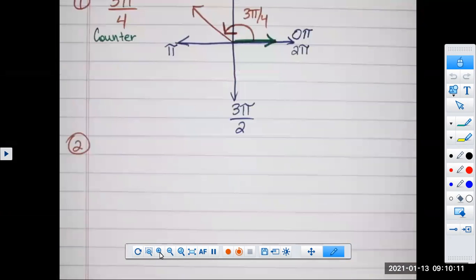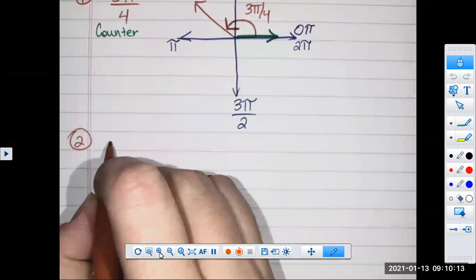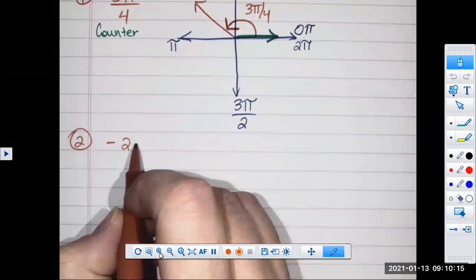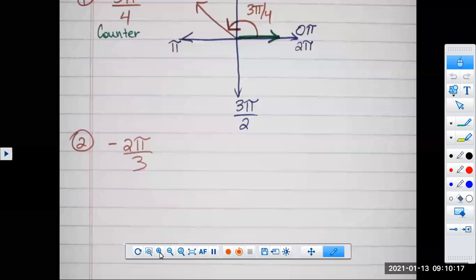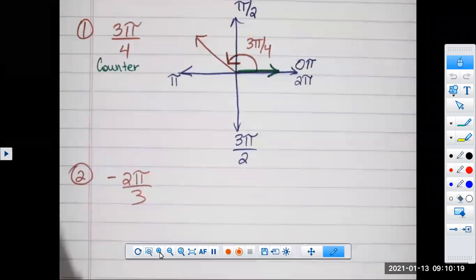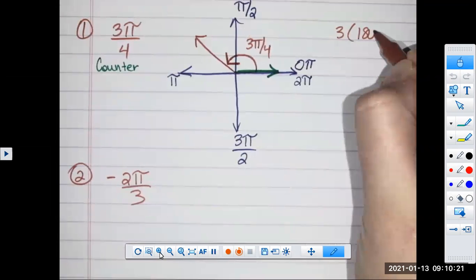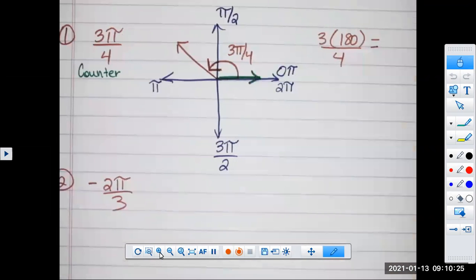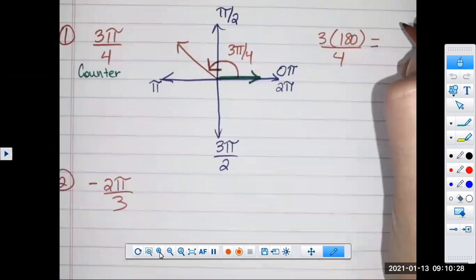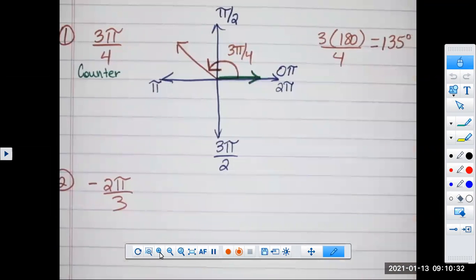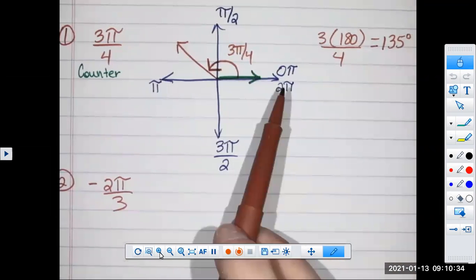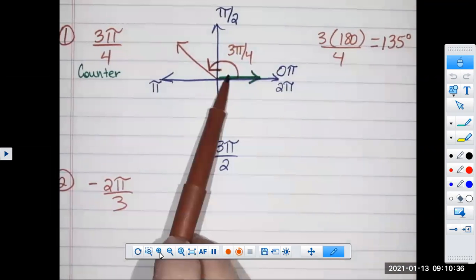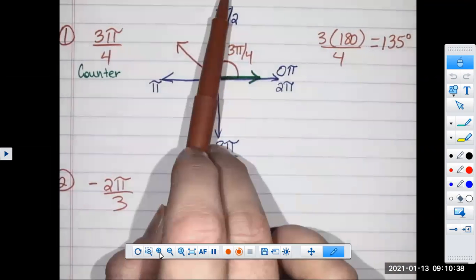All right, number 2. Hang on, let me go back to number 1. If you did convert this to degrees, if you'd rather do that, you'd say 3 times 180 divided by 4, and that would give you 135 degrees. What would be 1/4 of a rotation in degrees?